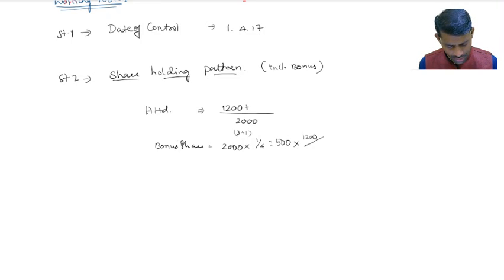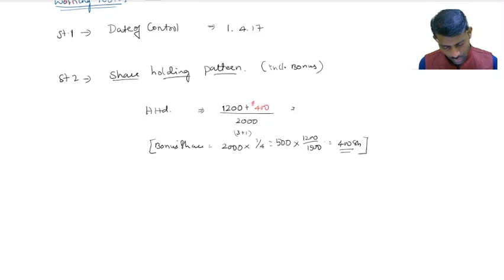Then 1,200 into 1,200 divided by 1,500, which is 400 shares. So the bonus issue is 400 shares.